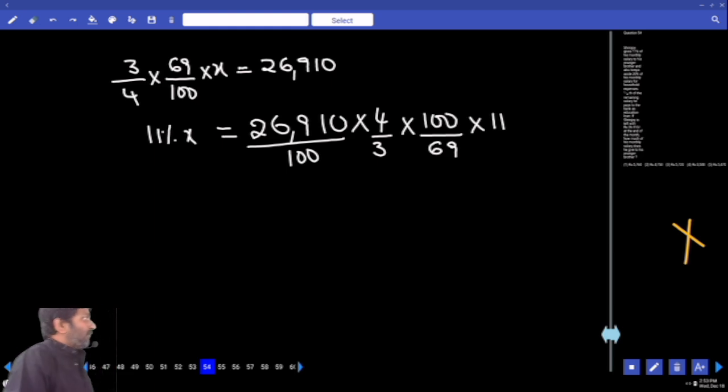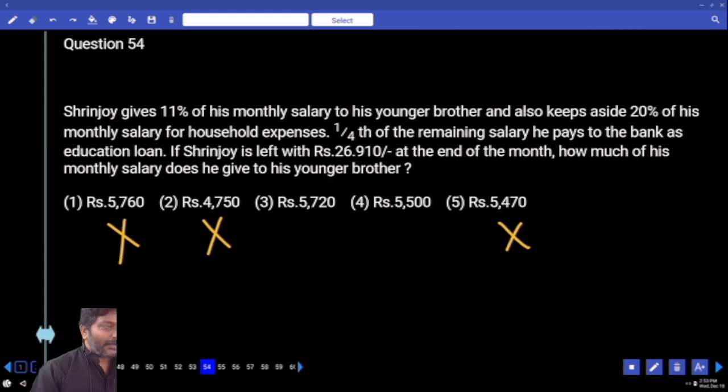Right. Now, stop here. You know that the answer is either the third option or the fourth option. Concentrate on the third and fourth options. The number of zeros is different. Let's identify how many zeros we will get in our answer.